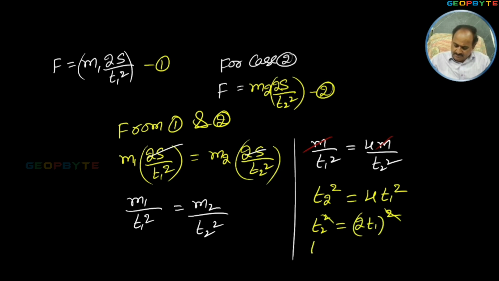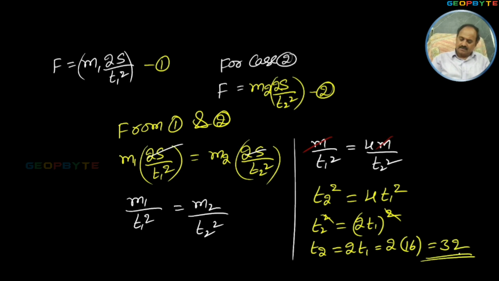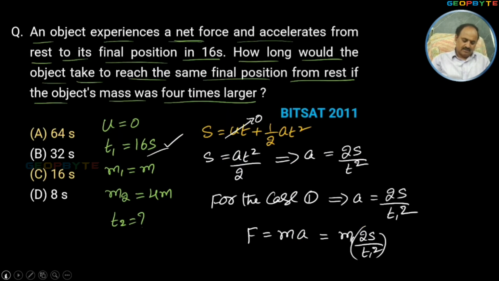This square part is cancelled. t2 equal to 2 times the t1. It is equal to 2 into t1, given 16. That is equal to 32 seconds. That is the time required. When the mass is becoming 4 times, the time required is 32 seconds. Option B is absolutely correct.